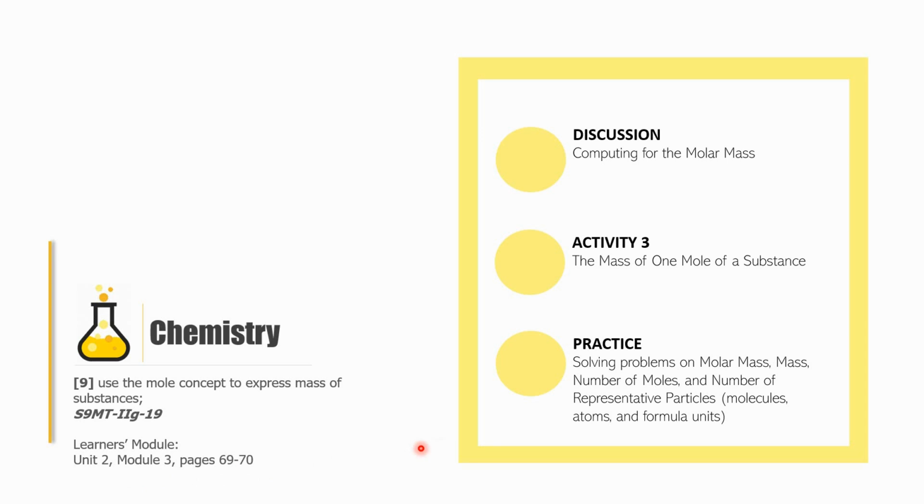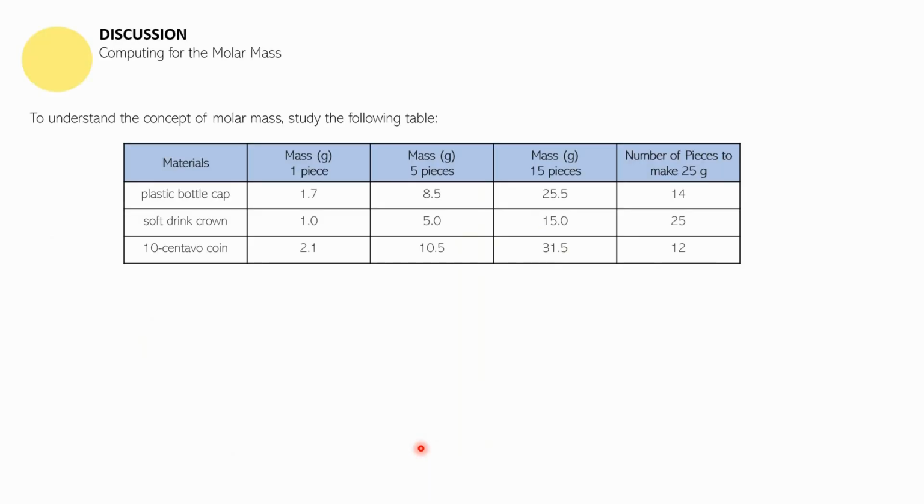Molar mass is a relatively new term in our discussion, so let's define it. Molar mass as a term is best introduced to you using this table. Suppose that you have the following materials, one piece of each, and you measured their masses. You recorded 1.7 grams for a plastic bottle cap, 1 gram for a soft drink crown, and 2.1 grams for a 10 centavo coin.